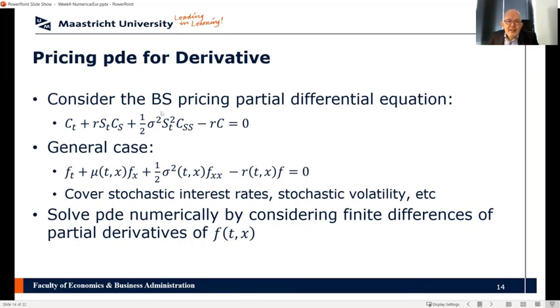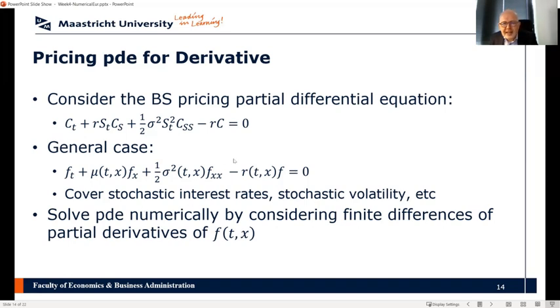And in the general case, when we have more general stochastic processes and when we are looking at more complicated models with stochastic interest rates or stochastic volatility, this partial differential equation is like this parabolic partial differential equation where you have a time derivative and a first derivative in the x direction and a second derivative in the x direction and some discounting term.